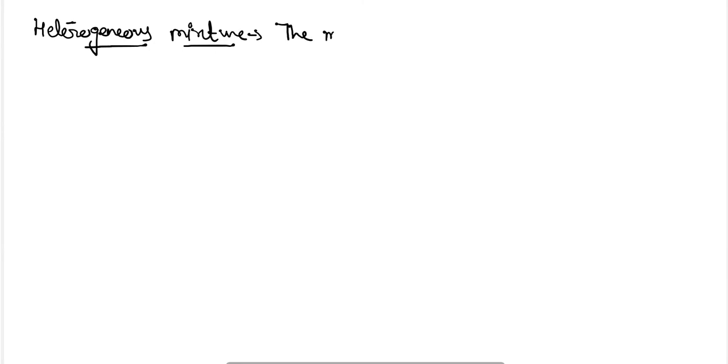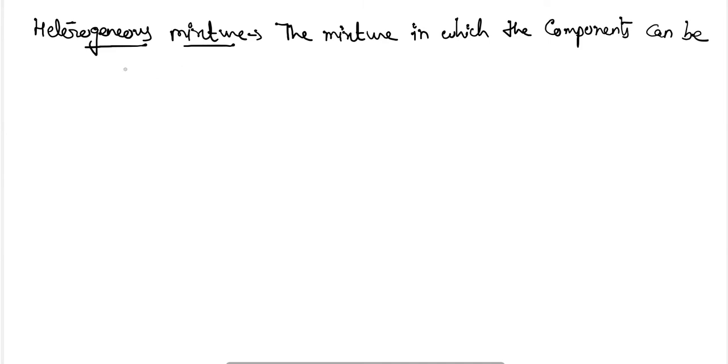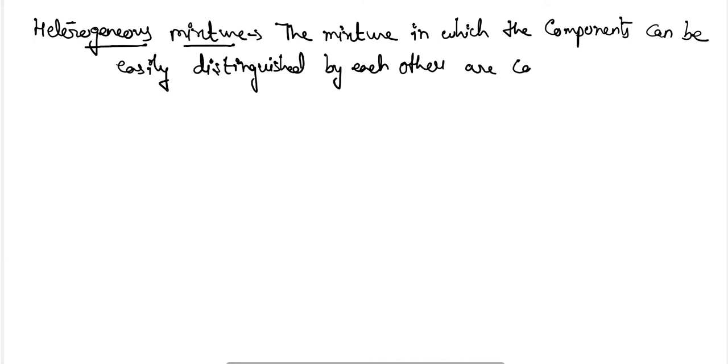The mixture in which the components can be easily distinguished from each other is called a heterogeneous mixture.